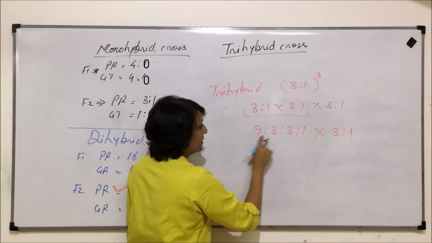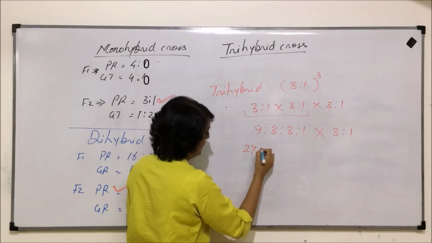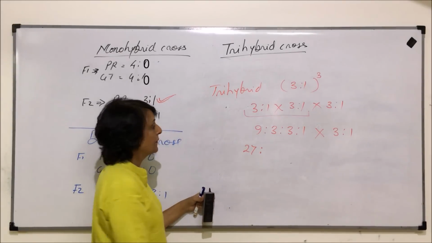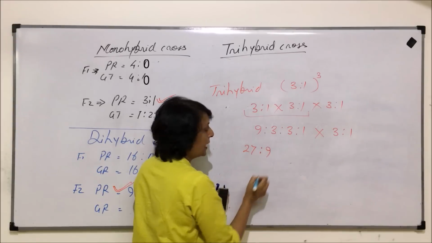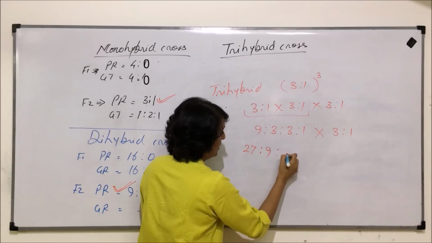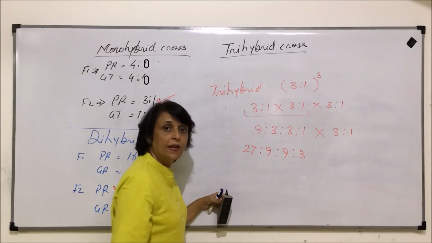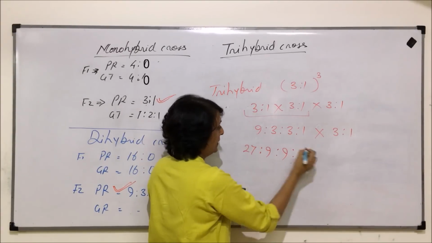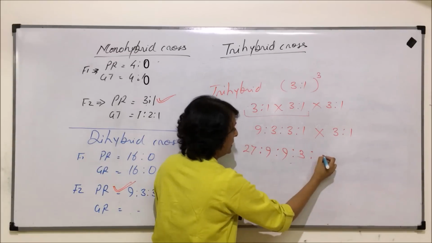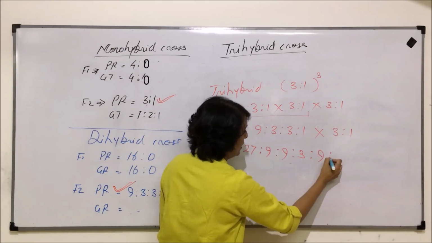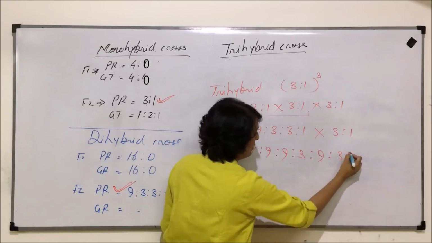So now let us start with 9 into 3, 27. 3 into 3, 9. 3 into 3, 9. And 3 into 1, that is 3. Now let us do the same thing with 1. 1 into 9, 9. 1 into 3, 3. 1 into this 3, 3.